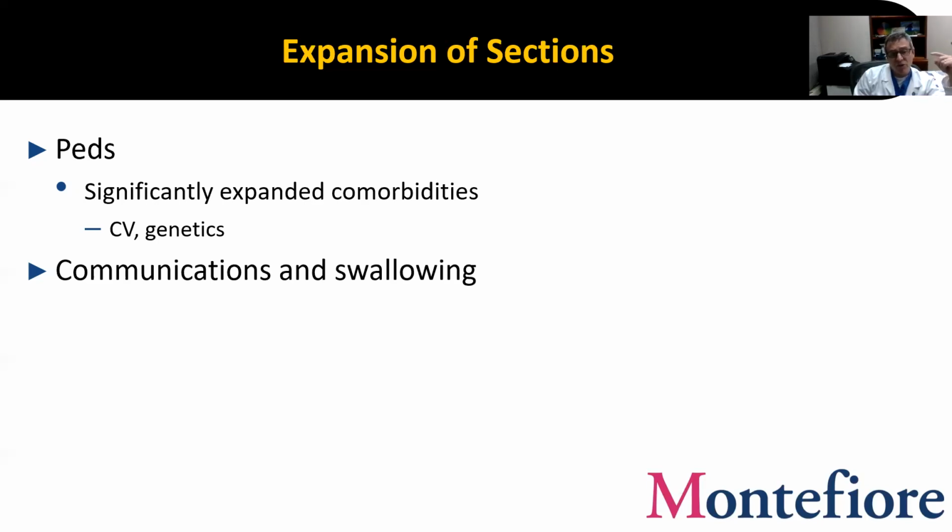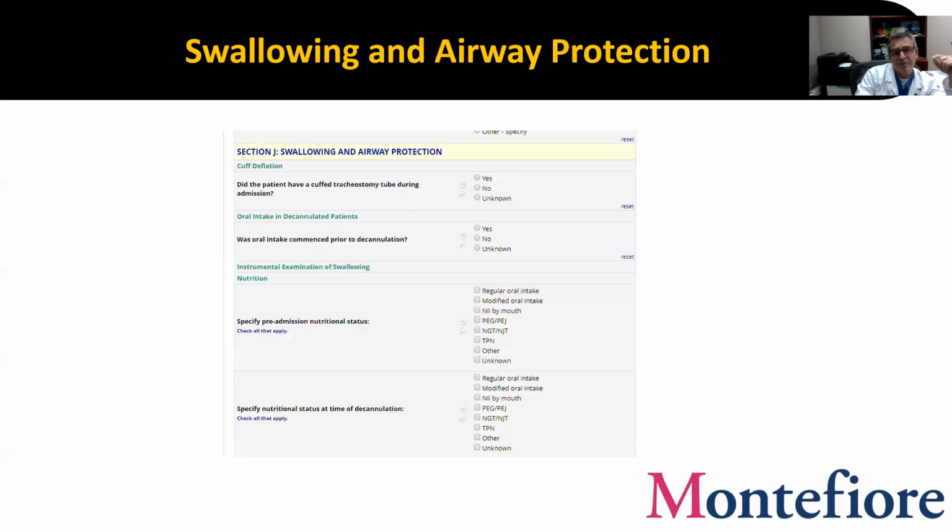And the same holds true for communication and swallowing. Here's an example of the swallowing and airway protection aspect, and this is considerably larger than it was before. And again, this is due to feedback that we got that this is important to some of our sites.